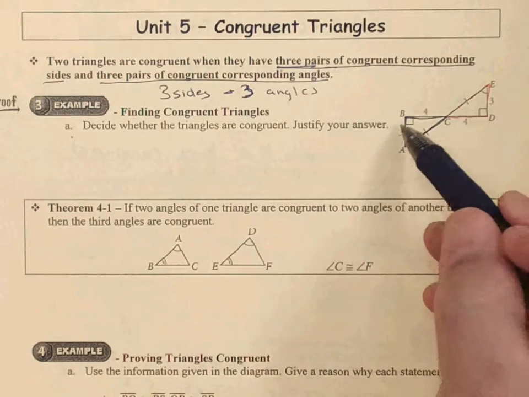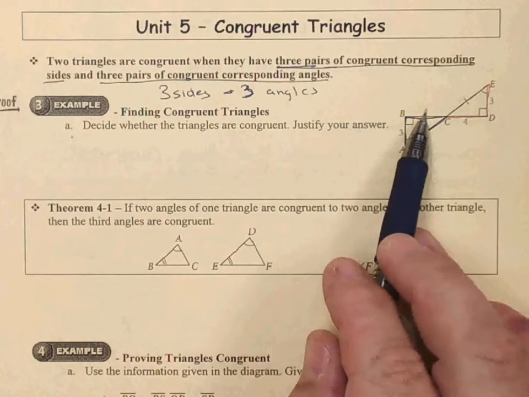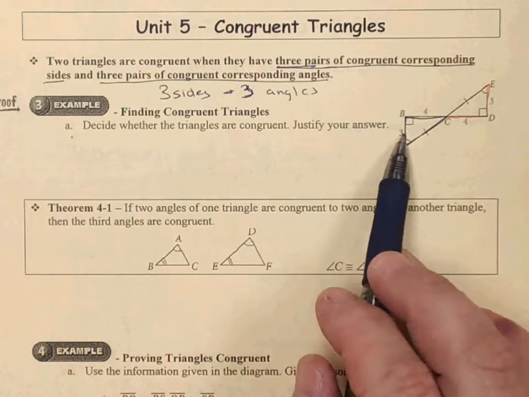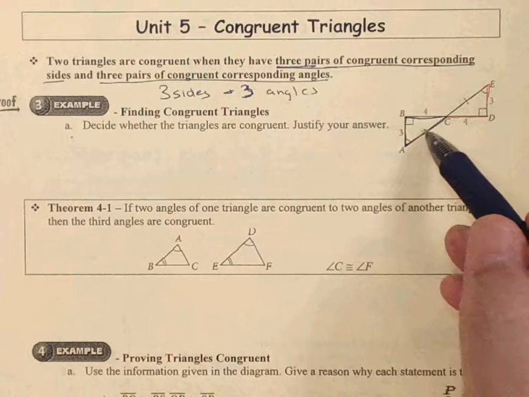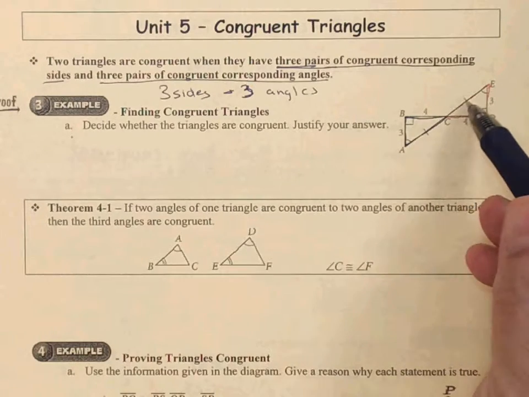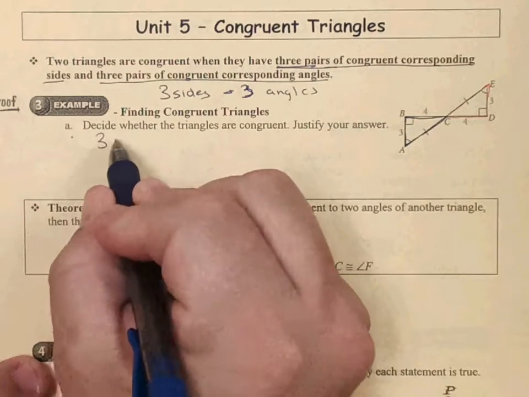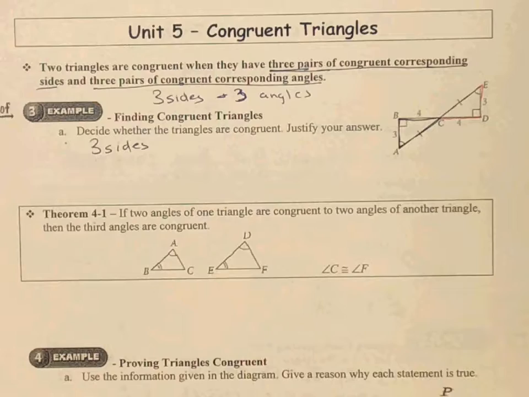How many sides are congruent to each other in both these triangles? Well, you'll see that this one is 4 and this side is 4. That's one congruent side. If this side's 3, then this side's 3. That's two congruent sides. And then this mark here and this mark here means that those sides are congruent. So we do have three sides that are congruent.